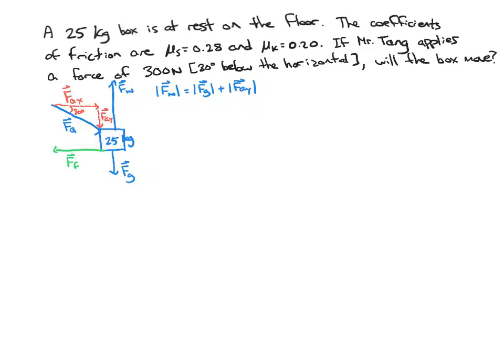However, for the sake of easier understanding, I might actually use numbers pretty early here. I just labeled the mass there as 25 kilograms. And my applied force, this hypotenuse here, is 300 newtons. We're given that as well.